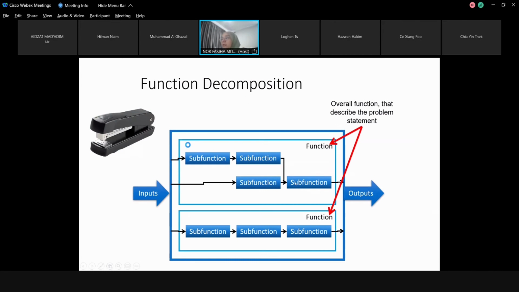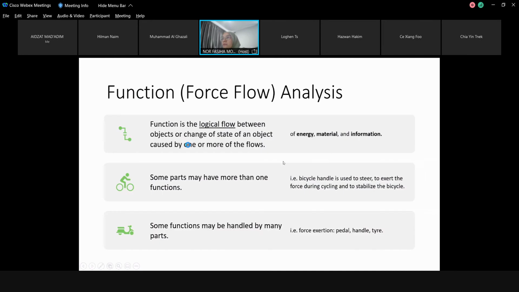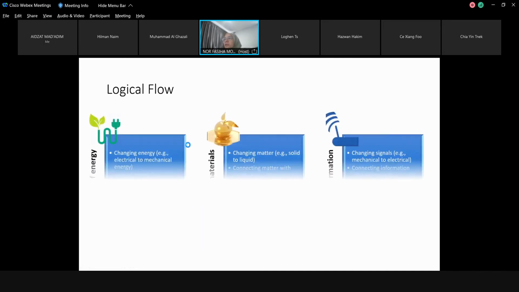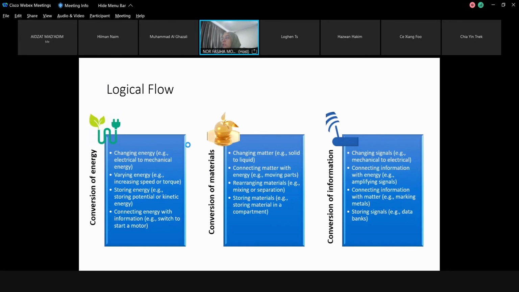What we just discussed is function analysis. We do function analysis, which means we try to understand all the functions that occur in the product, by referring to the logical flow of energy, of materials, and of information.